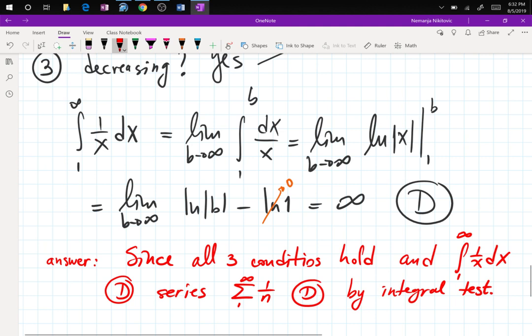You'll have conditions for comparison tests, right? So they will have conditions. And you say when those conditions hold and whatever else needs to happen, in this case, that the integral diverged, you are going to see that the series will diverge as well, which is what I meant earlier when I said they share the same fate.